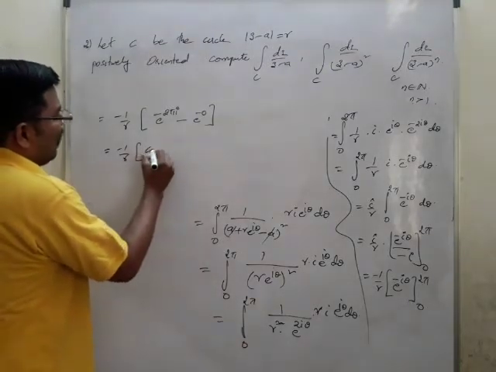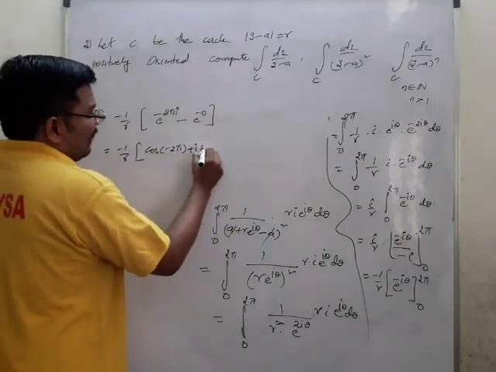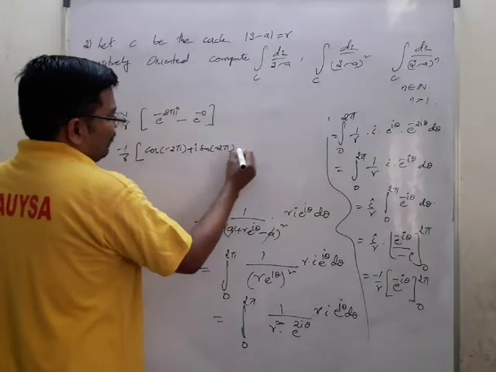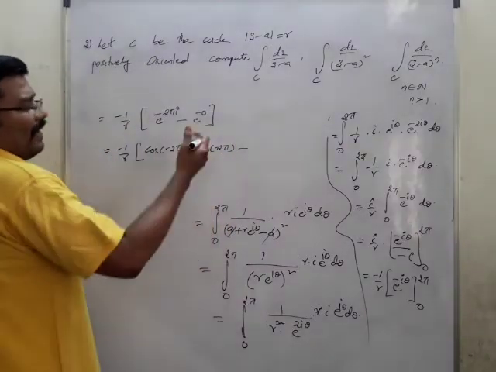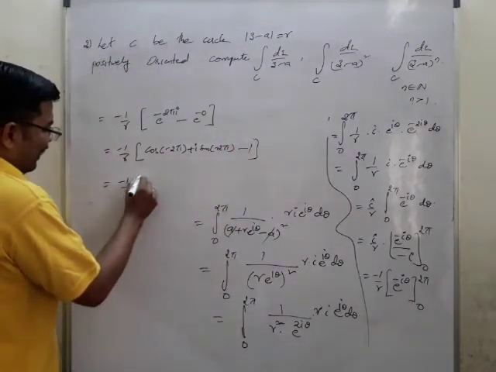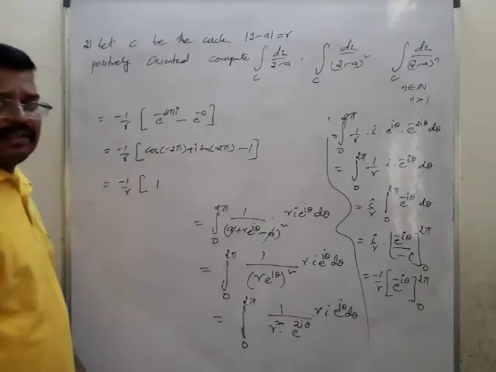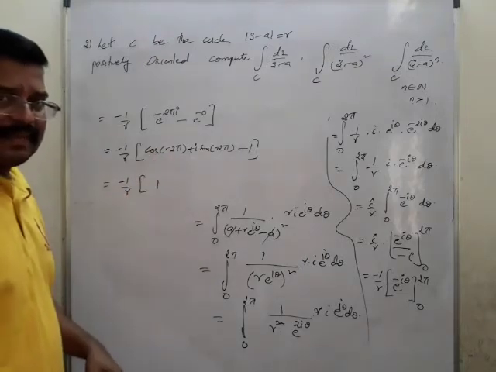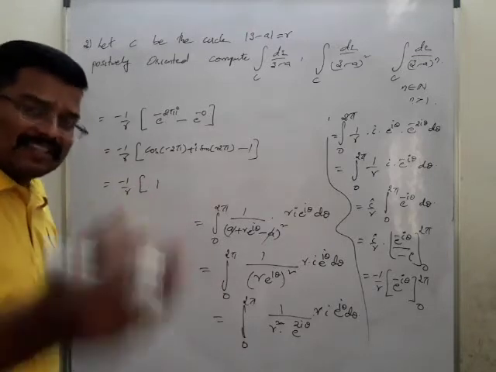This is cos minus 2 pi plus i sin minus 2 pi, minus e power 0 is nothing but 1. Okay, this is minus 1 by r. This is nothing but 1. Okay, cos minus 2 pi is 1. cos minus theta is cos theta.